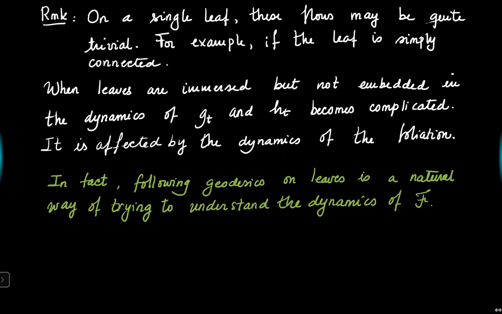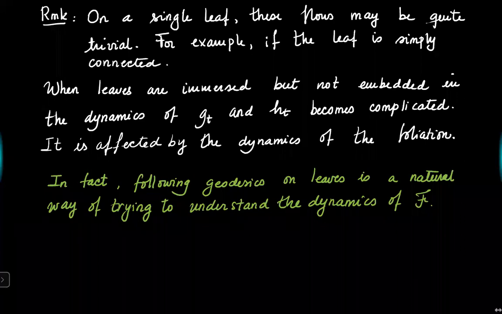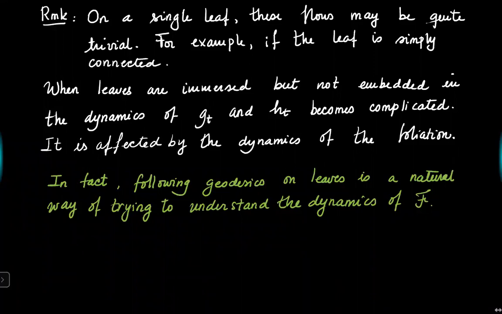In fact, when we study foliation dynamics, it's quite a natural idea to follow the geodesic flow, because usually when we study foliation dynamics, we want to know where the leaves are accumulating at infinity, what the limit sets of the leaves are. And the natural way to get to this place is following geodesics along the leaves.